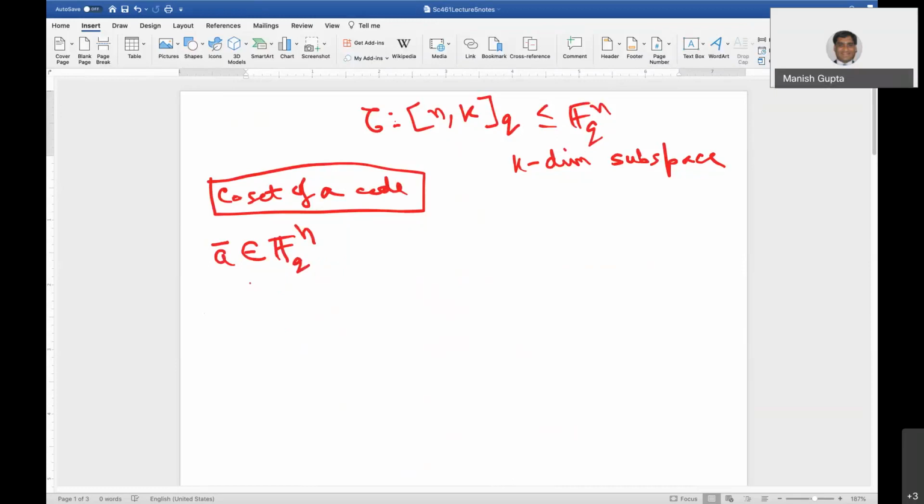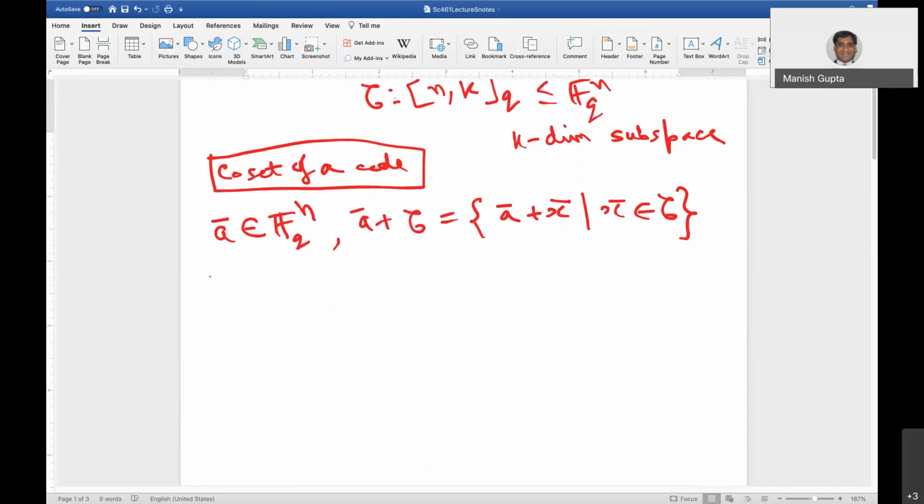So we take something outside C and add it to C. We get A plus x such that x belongs to C. This is our coset formation, the definition of a coset, and we have done the same thing. Initially we took A equal to 0, 0, 0, 0 and got C itself. Then we took A equal to 1, 0, 0, 0 and got another set. Then we took 0, 1, 0, 0 and got another set, then 0, 0, 1, 0 and got another set, using C. So this is known as a coset of a code.